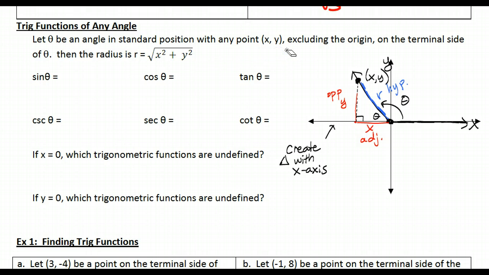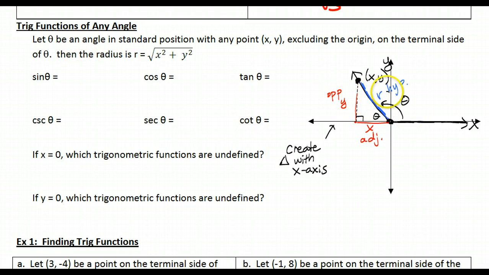And my sine, cosine, and tangent, instead of saying opposite and adjacent, I'm going to use x, y, and r. And a lot of times you don't have to use x, y, and r. You can still just think of it as opposite, adjacent, and hypotenuse. But there are a few situations, specifically when my angle or my xy ends on one of the axes, that I do want to think of it this way so that I can find my answers. I'll explain more in a little bit.